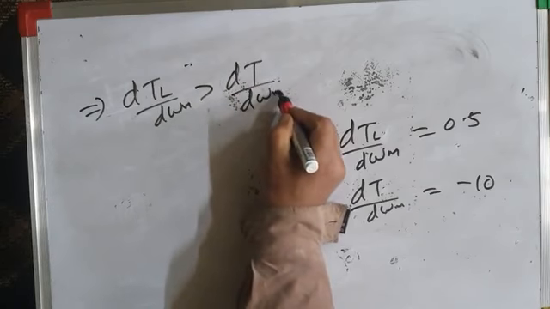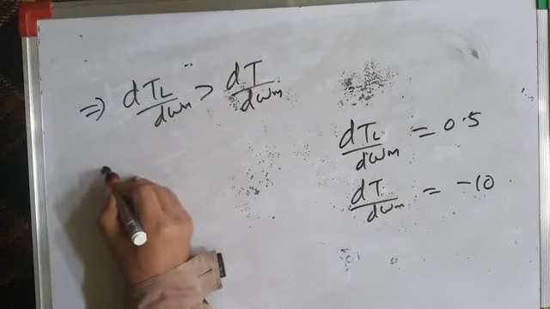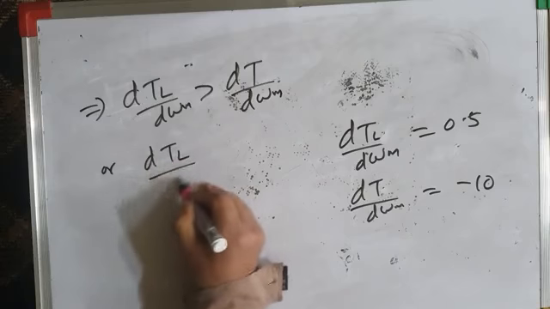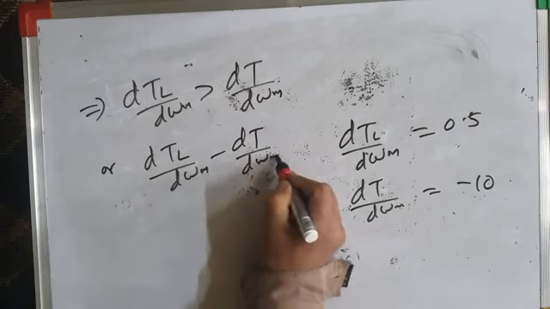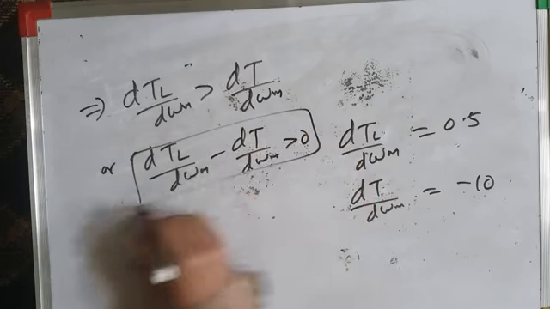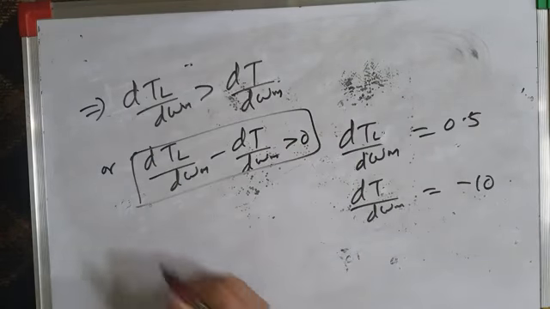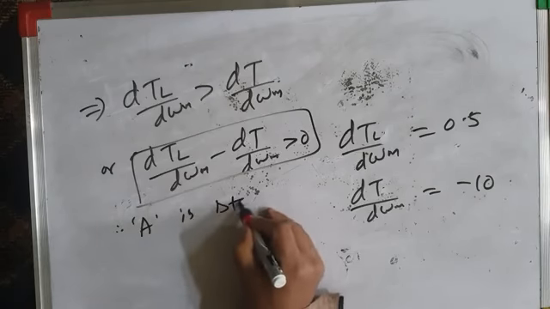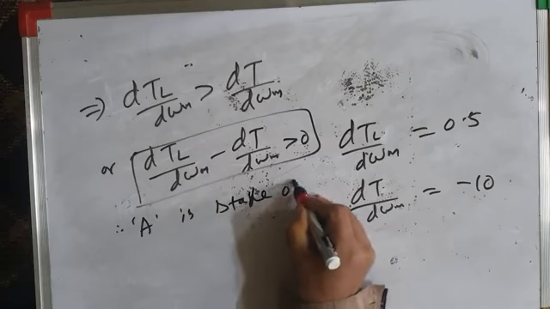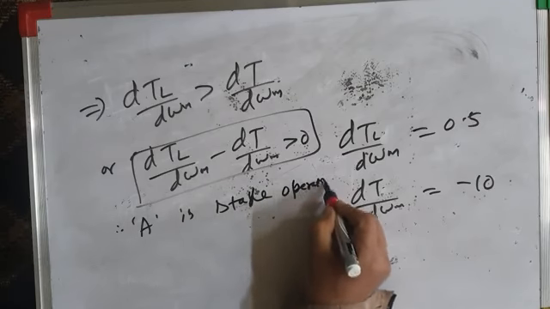So therefore it is a stable operating point. Or you can say dTL by d omega m minus dT by d omega m is greater than 0, because 0.5 is greater than minus 10. So therefore A is a stable operating point.